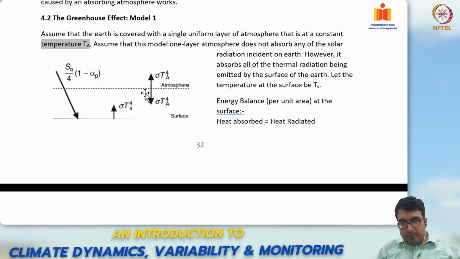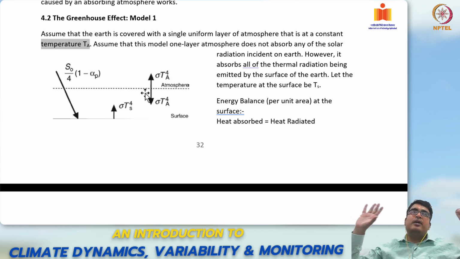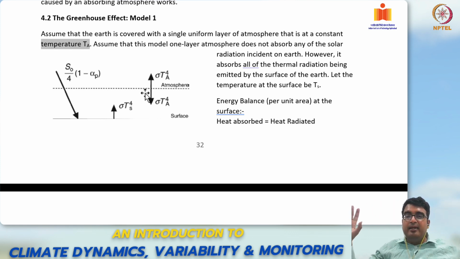Atmosphere is not isothermal, it is not a single layer, there are multiple layers, etc. But for a very simple model, let us assume that over the surface of the Earth, there is a single isothermal layer of atmosphere at Ta, which is absorbing all of the thermal radiation coming from the surface. Okay. And it does not absorb any of the solar radiation coming from the sun. Reflection is allowed, but absorption is not.